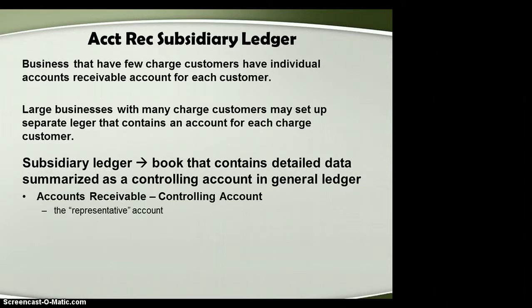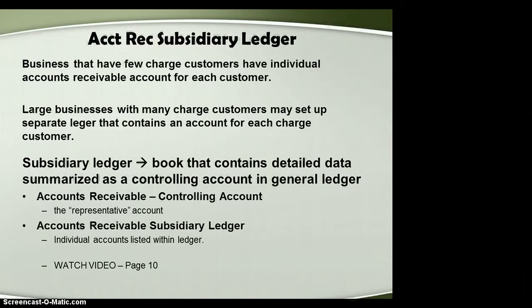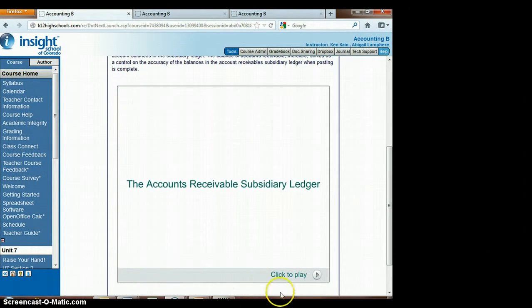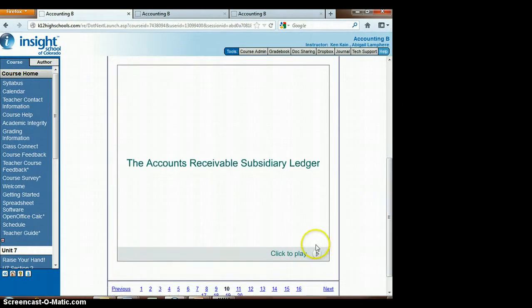That's kind of the representative, or the balance of all of our accounts receivable. And then the accounts receivable subsidiary ledger will have all the individual accounts listed on it. So let's check out this quick video from your text that explains the accounts receivable subsidiary ledger.